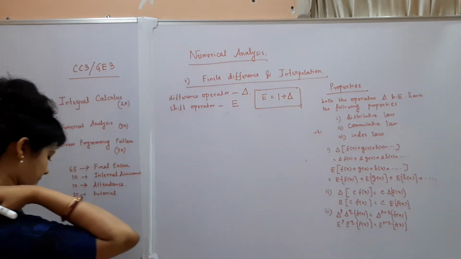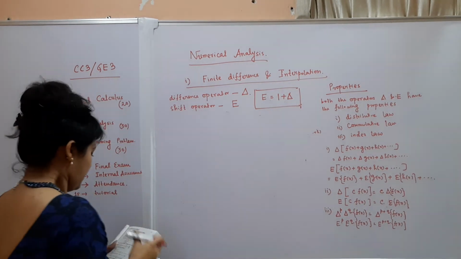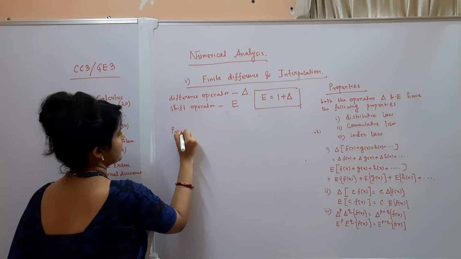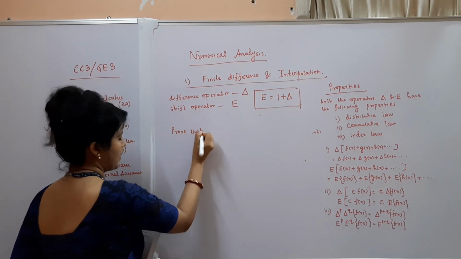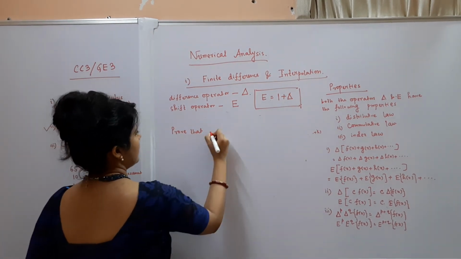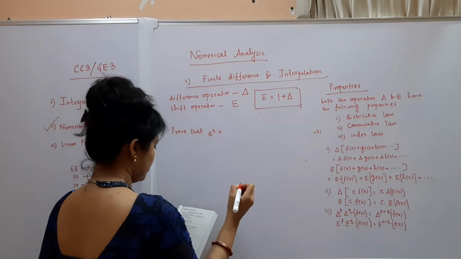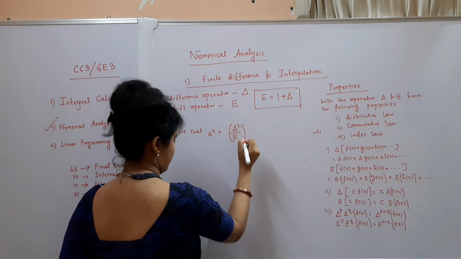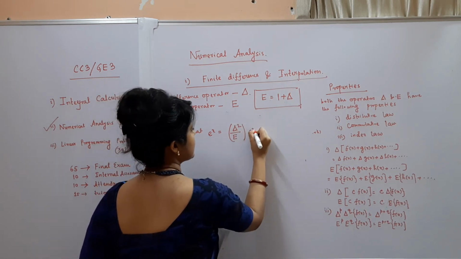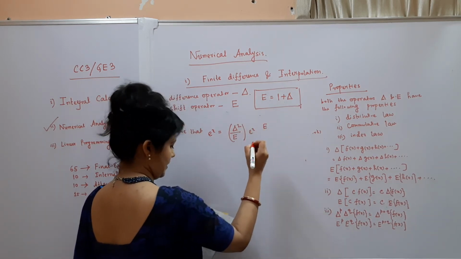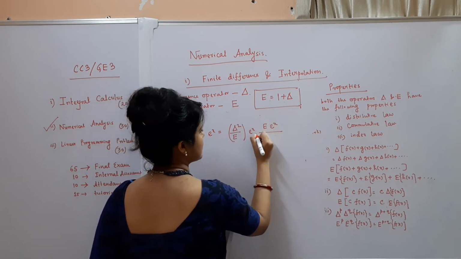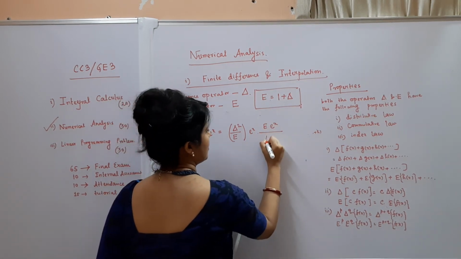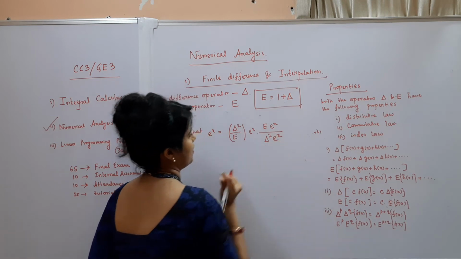Now prove that e to the power x equals delta square e to the power x divided by e to the power x, into delta square e to the power x.